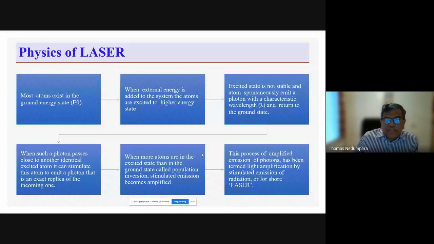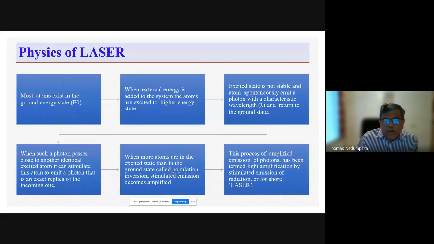When an atom is excited by an external energy, it spontaneously emits a photon and returns to the ground state. When such a photon passes close to another identical excited atom, it can stimulate this atom to emit a photon that's an exact replica of the incoming one.